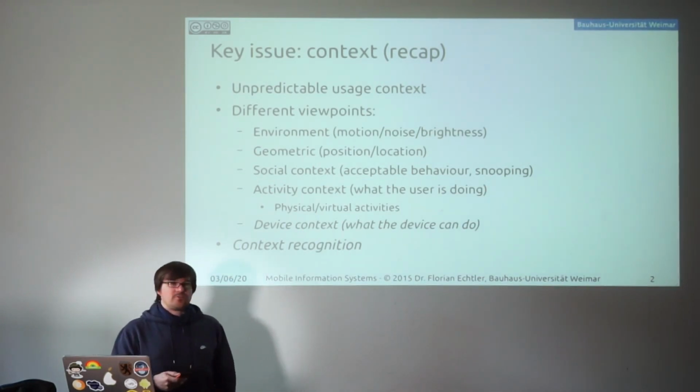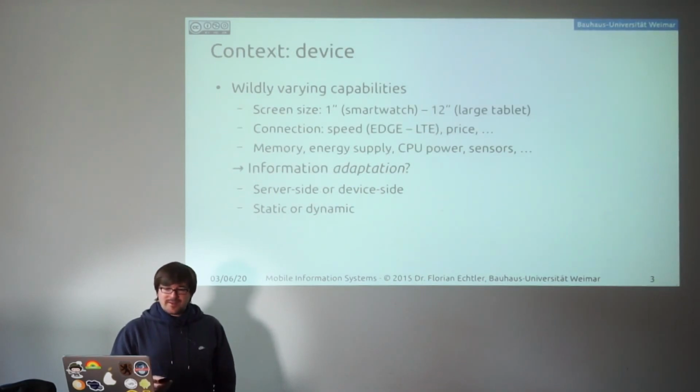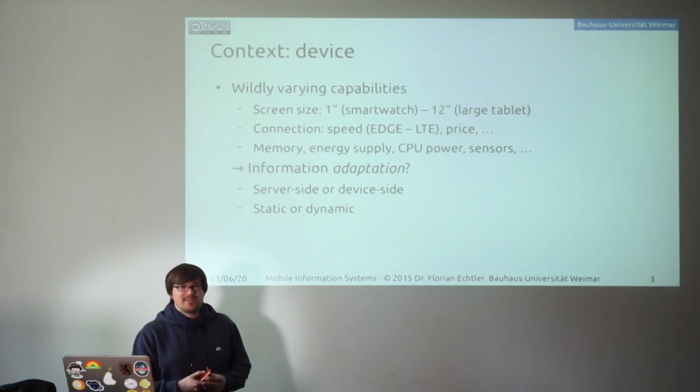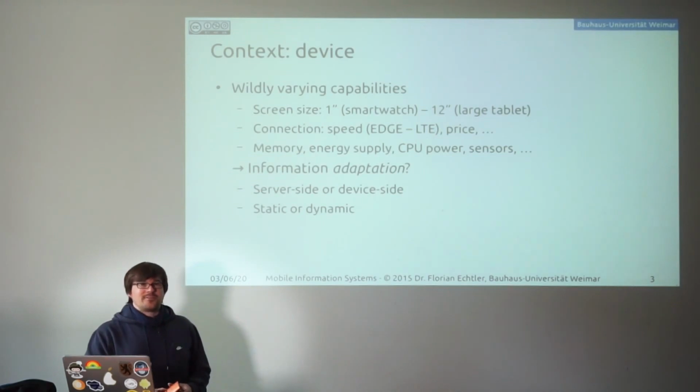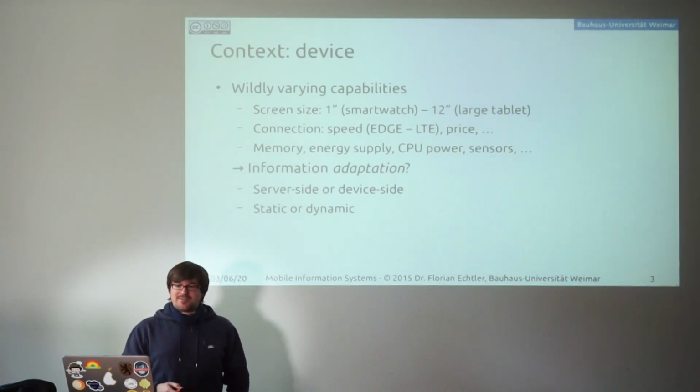So first of all, let's briefly talk about the device context. So we have quite a wide range of capabilities. If somebody says your app should run on an Android device, that doesn't basically say anything at all, because an Android device can be a 1-inch smartwatch, or it can be like a 12 or even 16-inch tablet thing.